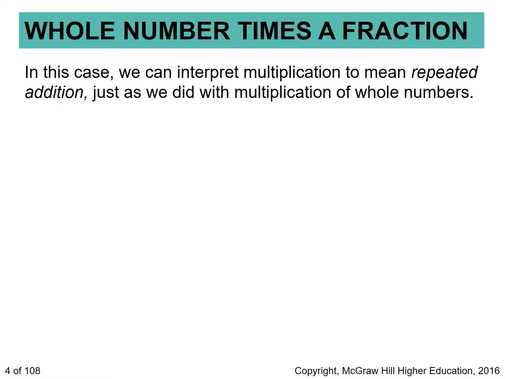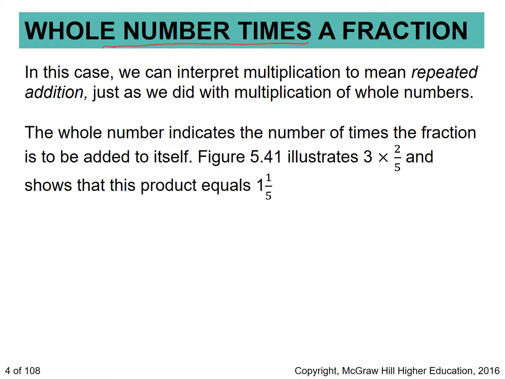So again, when we're taking a whole number times a fraction, we can think of this as repeated addition like we did earlier when we were discussing multiplication with whole numbers. The figure that I'm going to show you indicates the number of times the fraction is added to itself.